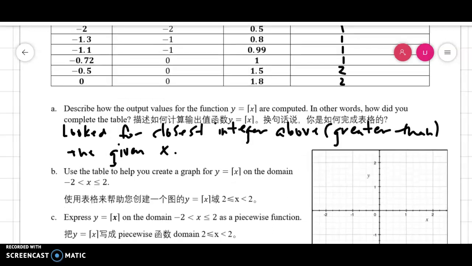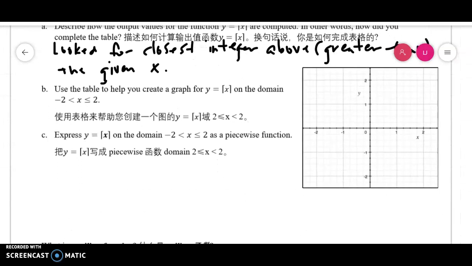So let's create a graph now. Same domain, -2 to 2. -2, of course, will go to -2 because it is an integer. You know what? Let's fill in all our integers first. -1 will go to -1, 0 will go to 0, 1 will go to 1, and 2 will go to 2, though we don't need to include 2, so no need for that. Let's get rid of that. All right, well, let's see now. All of the decimals between -2 and 2.